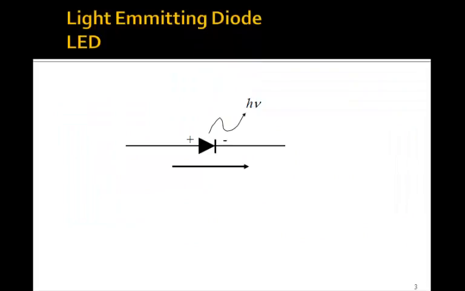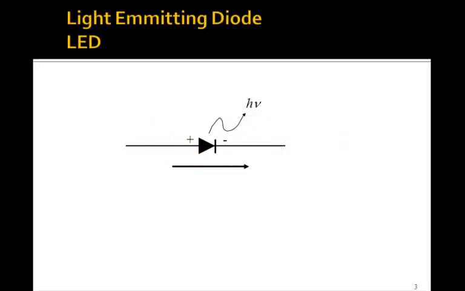Now the way an LED works, here's the symbol for it. If you run current through in this direction, then it gives off light, it lights up. To do that, of course, you make this voltage larger than this voltage. If this voltage is greater than or equal to the plus voltage, then no current goes through.